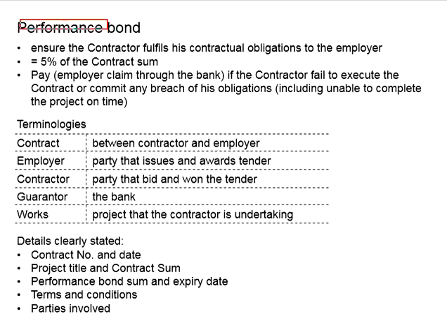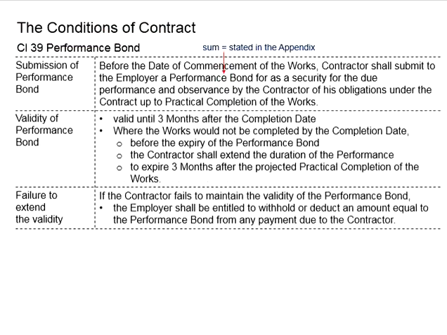Now, knowing the functions of the performance bond, let us look into the conditions and details in clause 39. First is about the submission of the performance bond. Before the date of commencement of the work, the contractor shall submit to the employer a performance bond as a security for the due performance and observance by the contractor of his obligations under the contract up to practical completion of the work.